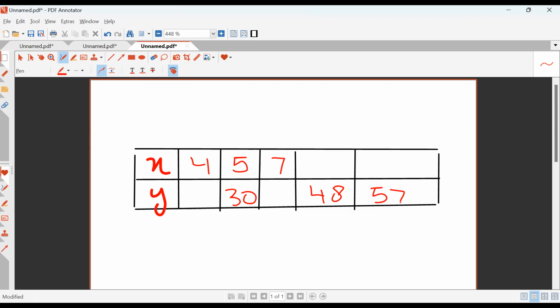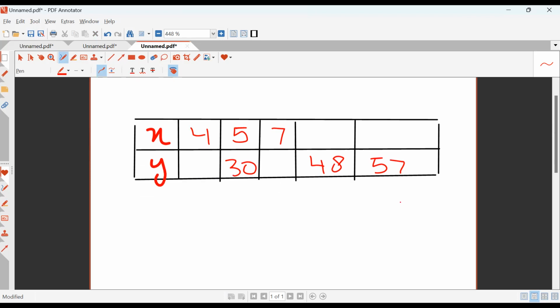If the examiner gives me such a question in which I have to complete the table, in such a case, what I am supposed to do is first make an equation. For the equation, I should know the rate, the slope. And I told you the formula is y upon x in case of a table.